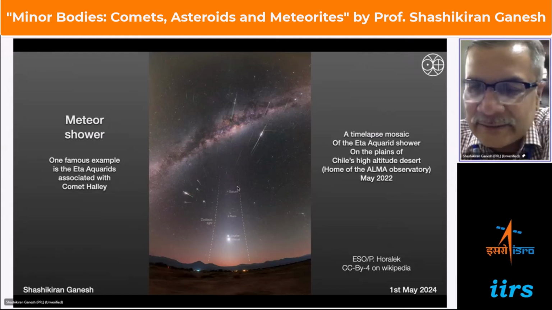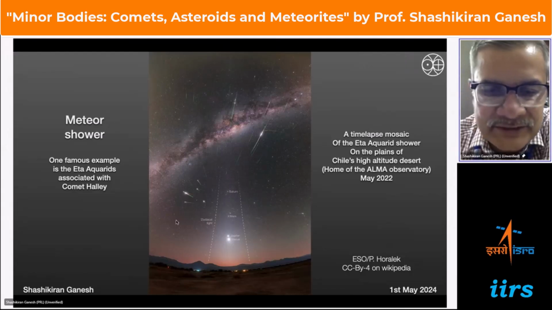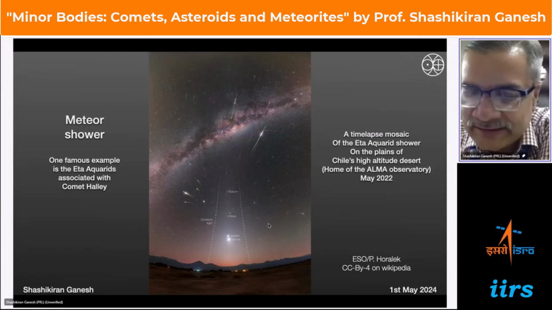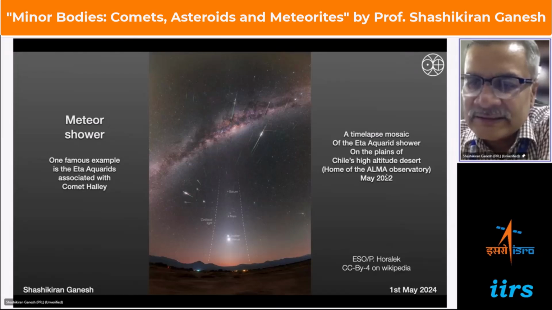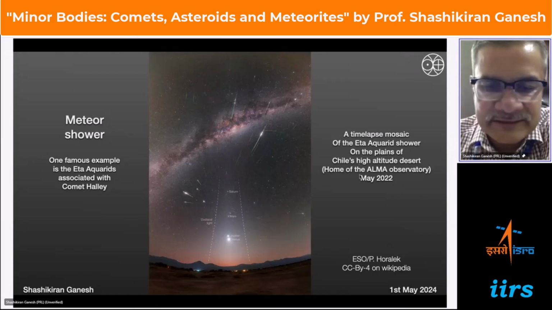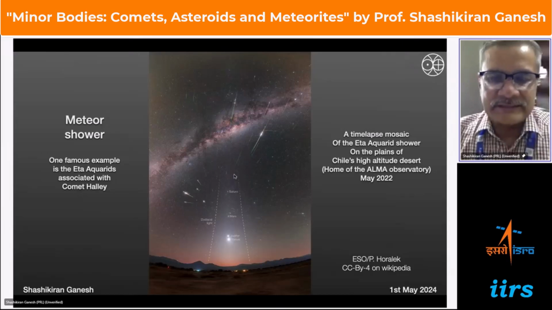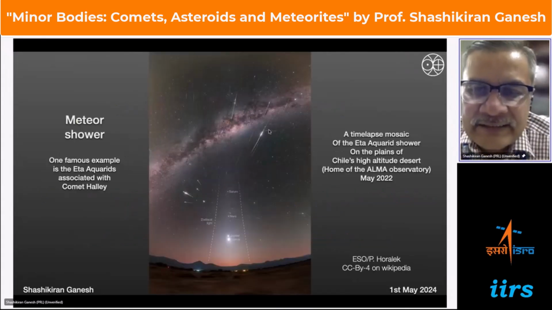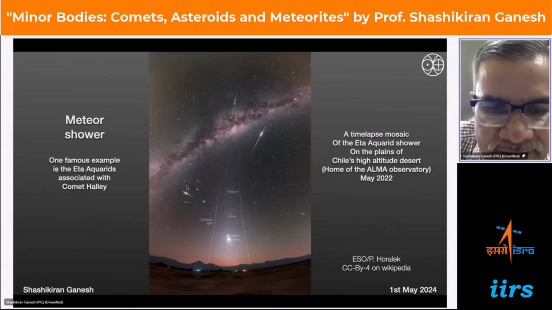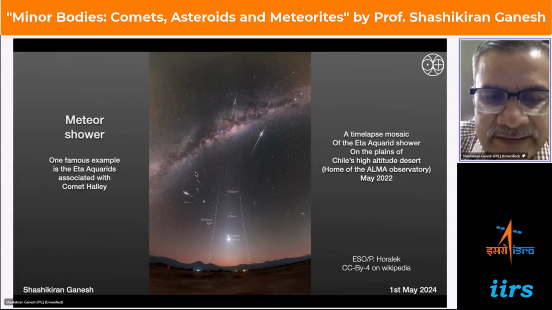This is an example of some of the meteors which entered the Earth's atmosphere about 2 years ago, taken at the high altitude desert of Alma Observatory, about 5,000 meters altitude. I'll zoom in and see if I can. No, I can't. So these tracks are shown here, which all appear to come from the same point.